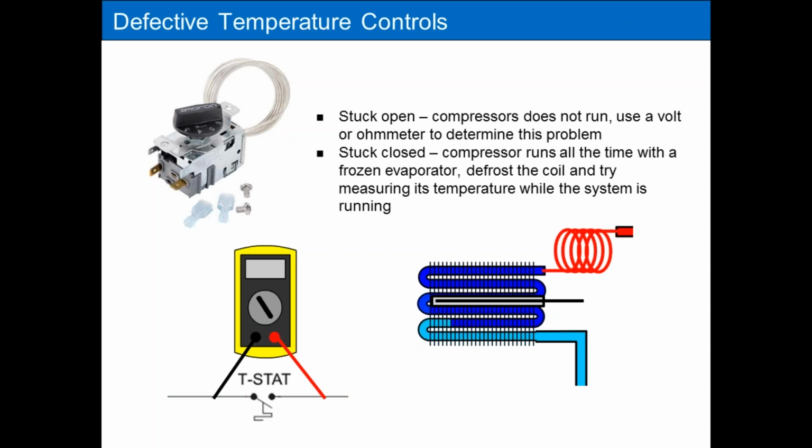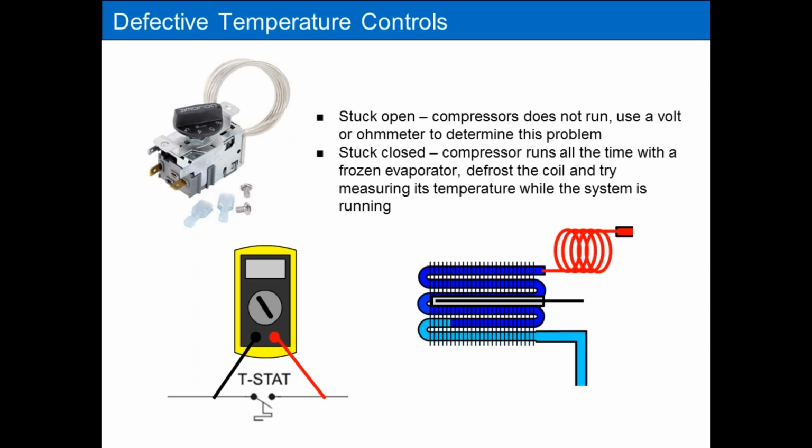So put a thermocouple in the area where the capillary tube sensor for the temperature control is located. Usually it's in a well, so you can push it into the well with the sensor or next to the well. Somehow try to measure the coil temperature and run the unit.